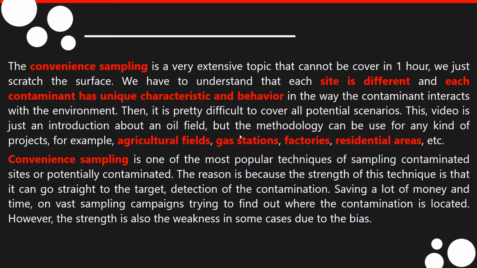But as you decided to pick up those samples, you missed the chance to pick up samples in different places that also have the potential to be contaminated, but you decided not to pick up samples over there. And that's the problem with convenience sampling, the subjective part of the investigation, where the technician decides where is the best place to pick up the samples.